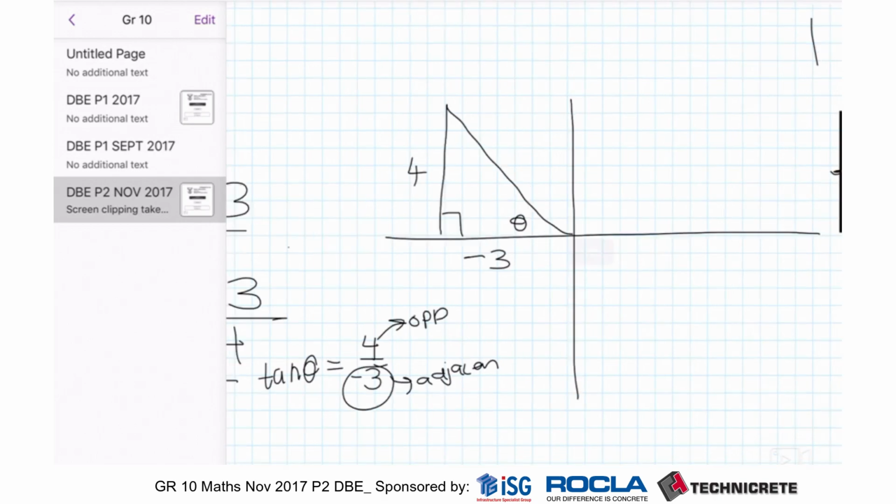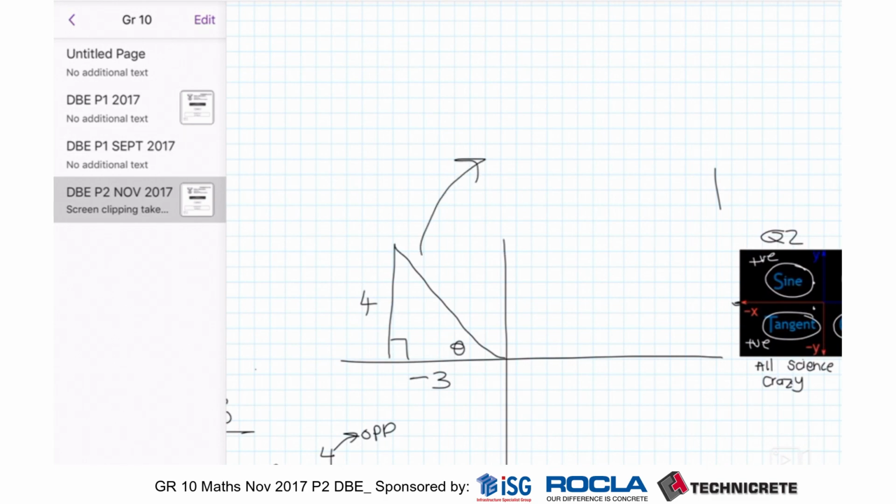I'm going to need to find my hypotenuse for use in other questions. Let's label it r. So r squared is equal to 4 squared plus 3 squared, which is 16 plus 9, 25.